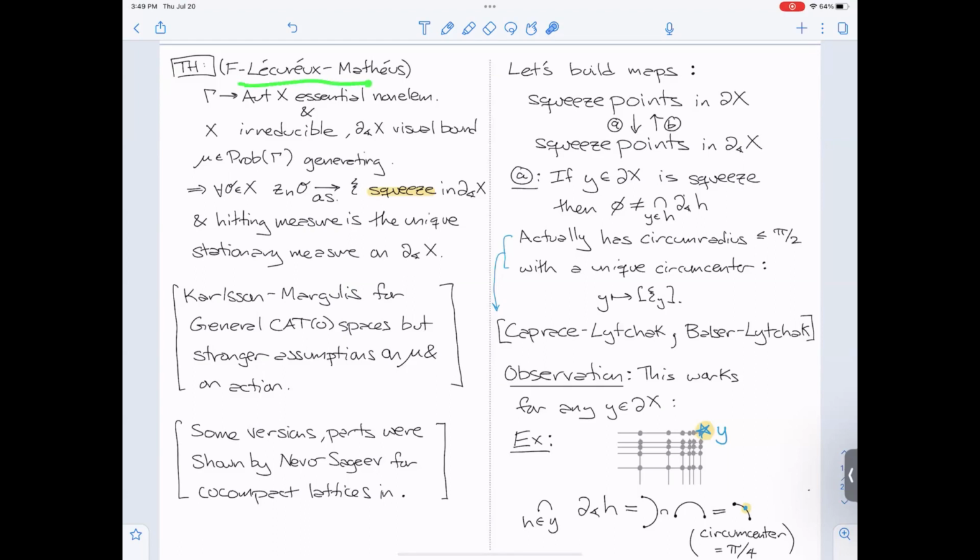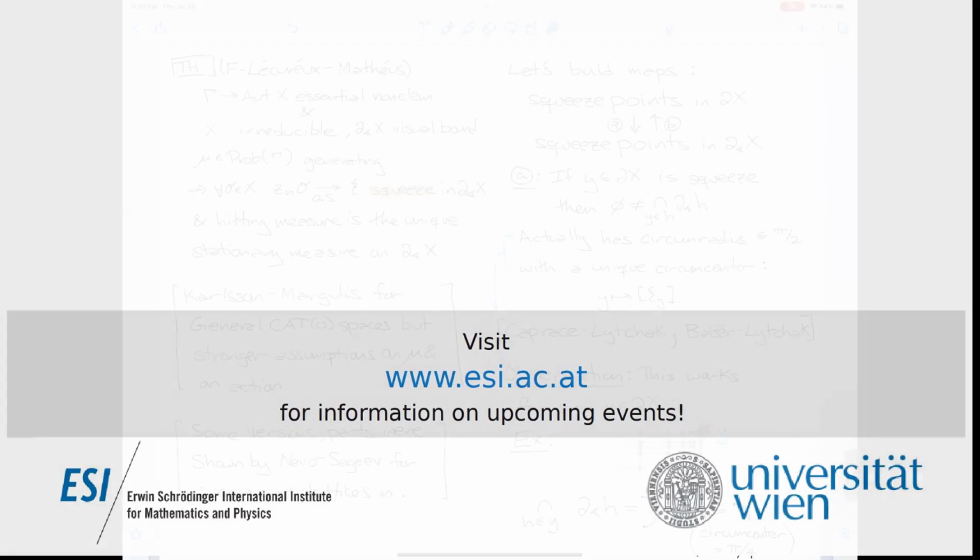And so with Le Coq and Mateus, we were able to show that, in this setting, I'm assuming that the action is essential and the complex is irreducible, so it's essential and non-elementary, then we can get convergence of the random walk to the visual boundary. But we do this via an understanding of what is happening in the Roller boundary and the fact that it's actually converging to these special points called squeeze points, which we can then directly compare to the visual boundary. So that's my time. Thank you so much.